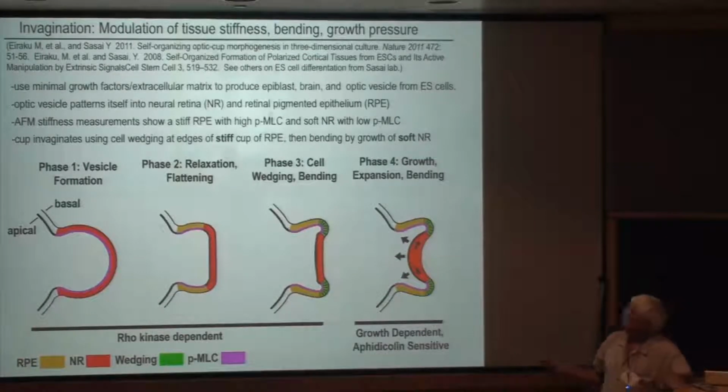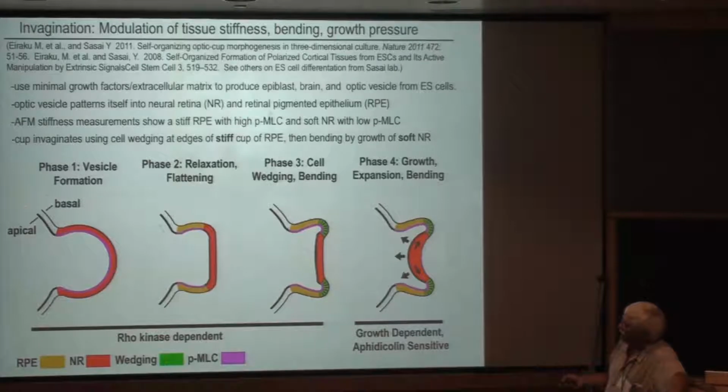There's a paper out of Sasai's lab that has to do mostly with ES cells, but it turns out that there are some interesting aspects to it morphogenetically. He makes a concoction of growth factors and matrix to make cells express epiblast markers, and he got them to make brain markers.